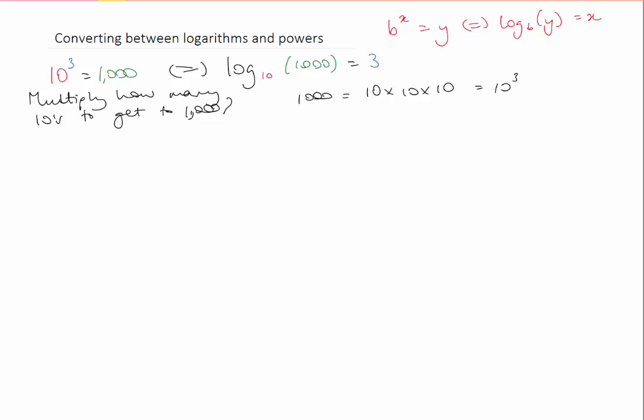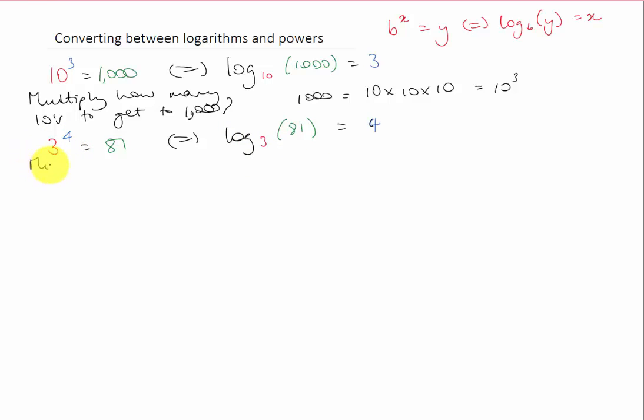I'm just going to do a couple here. So another example, how about if we've got 3 to the power 4 is equal to 81. And that is equivalent to saying that the log in base 3 of 81 is equal to 4. So here, logarithm in base 3 of 81, how do we work that out?